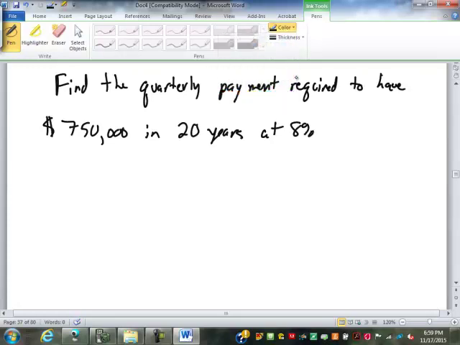So I need two things. I need my rate per period. What's my rate per period going to be? 8% is my annual rate, divided by 4 since this is quarterly, is going to be 2%, which will be my rate per period.